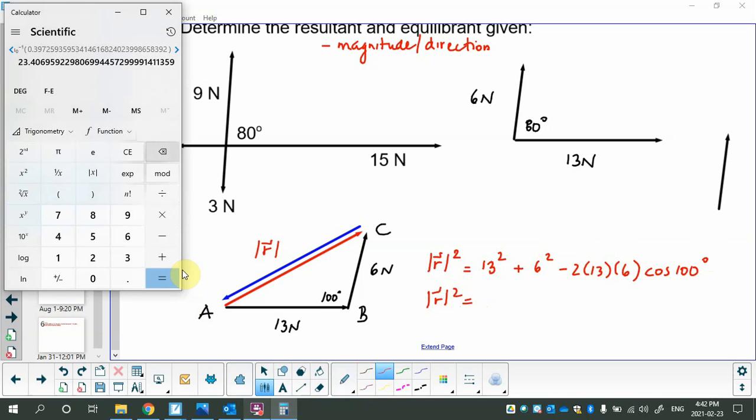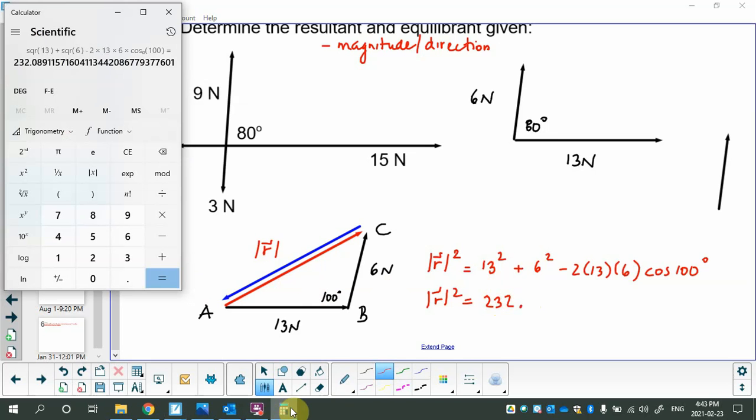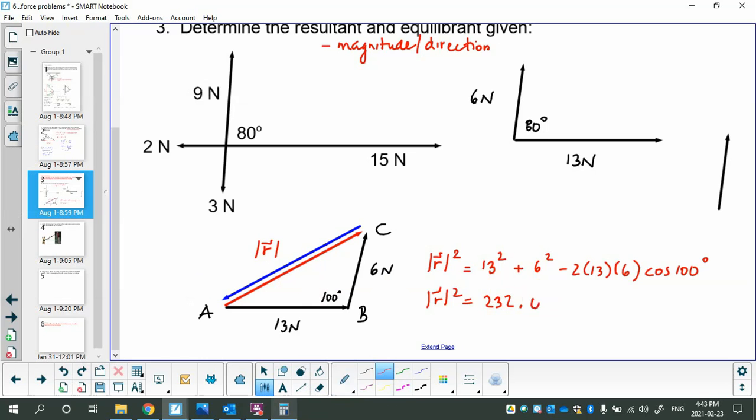Okay, so remember, no equals till the end. 13 squared plus 6 squared minus 2 times 13 times 6 times cosine 100, equals at the very end, and I get 232.0891 is what I'm going to write down.